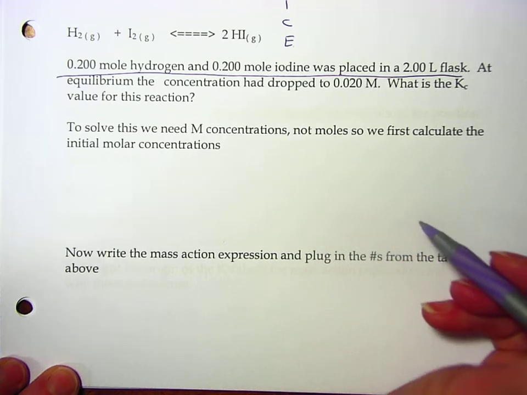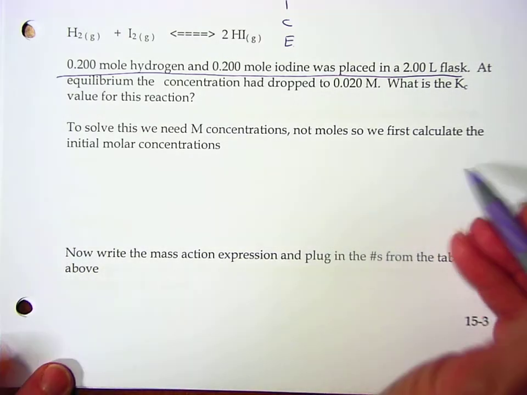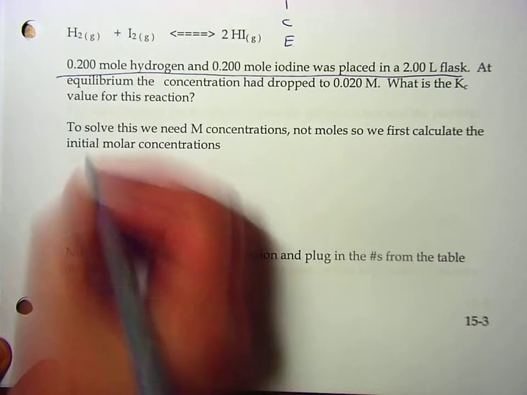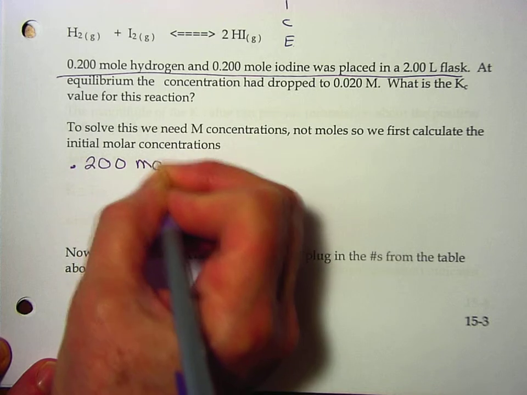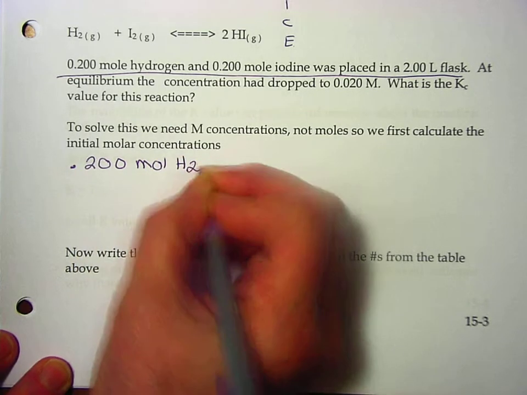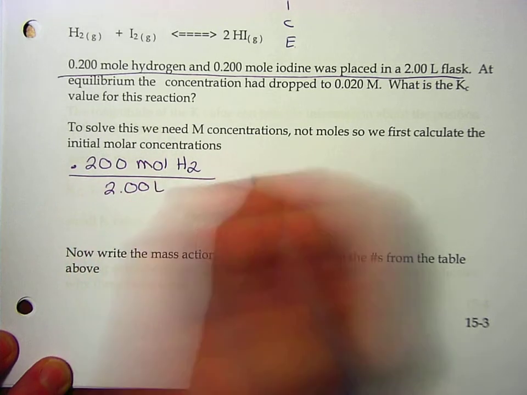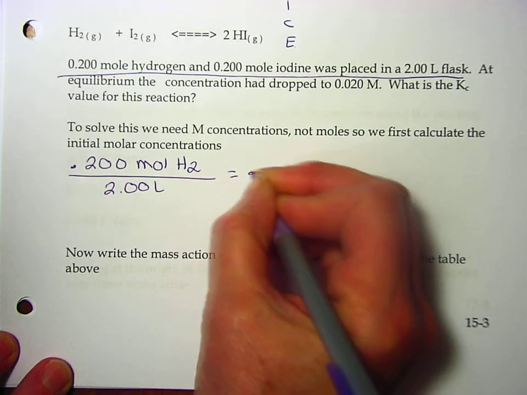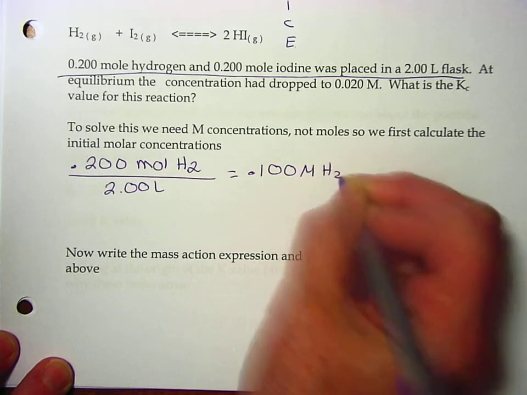Well, to start with, we need the molar concentration, so the first thing we'll do is calculate the initial concentration. I have 0.200 moles of hydrogen. That is placed in a 2.00 liter flask, so my molar concentration is 0.100 molar for hydrogen.